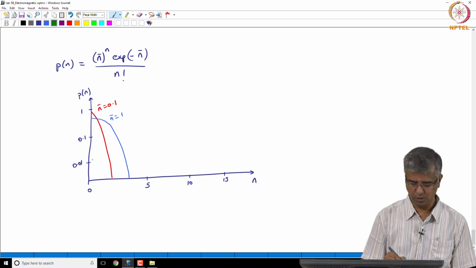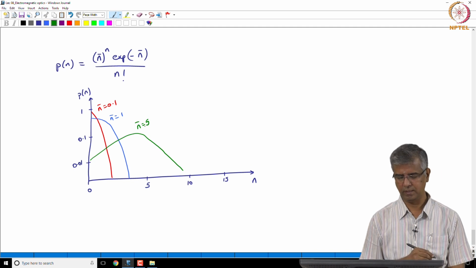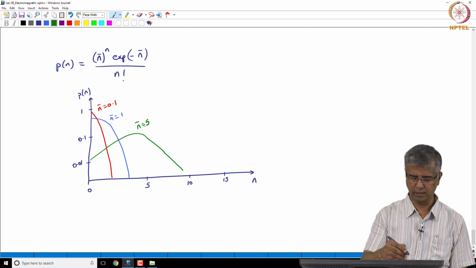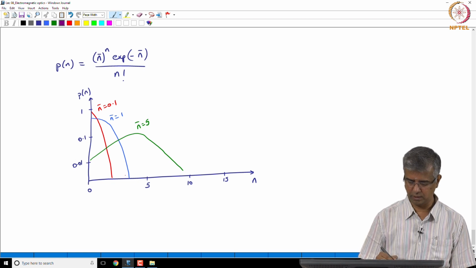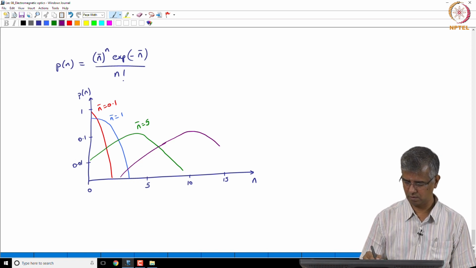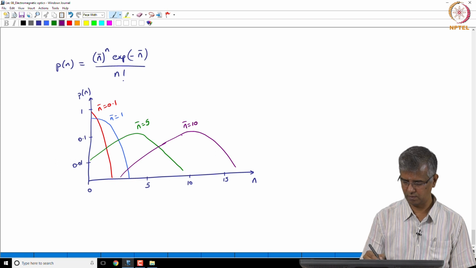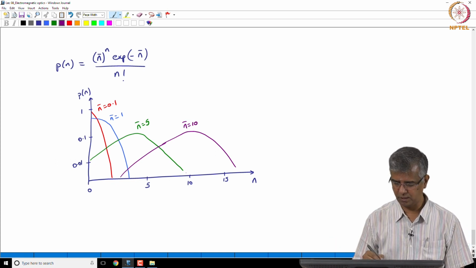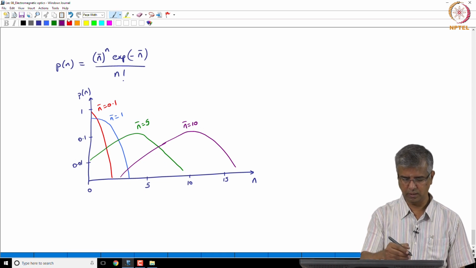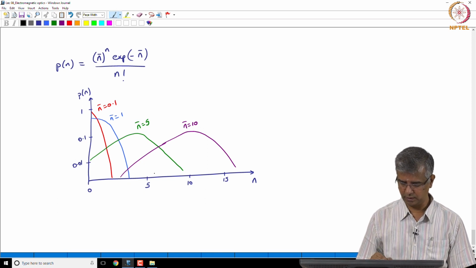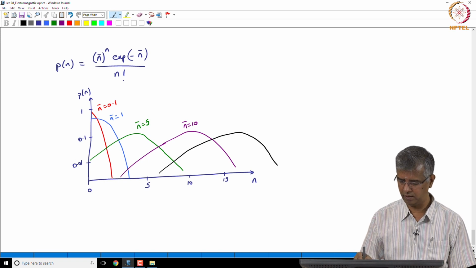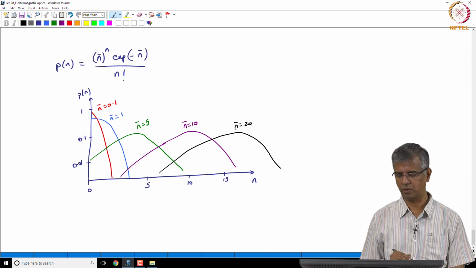And n bar of 5 is going to look like that, and similarly n bar of 10, and what we are looking for, n bar of 20, would have probably looked like this.